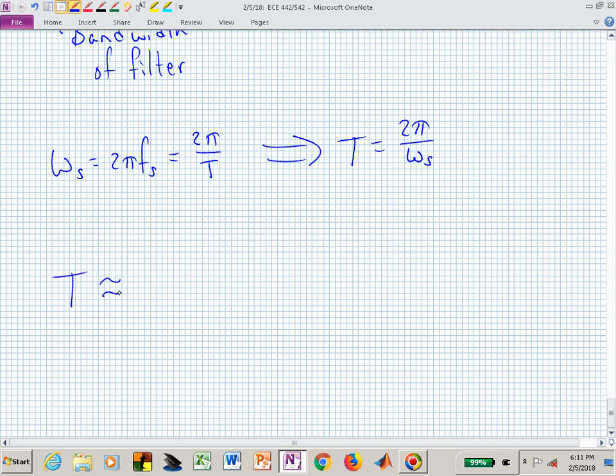T is approximately, what, omega sub s was 18 times 1,000. So there's a 3 downstairs. You know what I want to do with pi, don't you? We want to round pi from 3.14, and we can go down. That's the best way to approximate or create a capital T, is to shrink it instead of making it bigger. So we're going from 2 pi, 2 times 3.14, to 2 times 3.